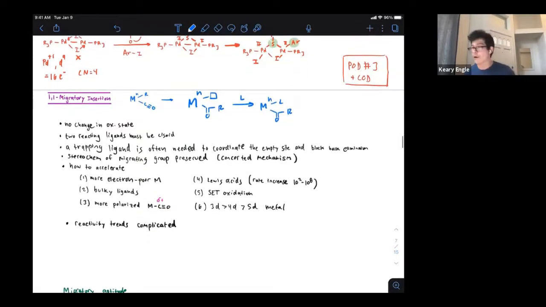In cases where the migrating group has a defined stereocenter, like a secondary alkyl group, that stereochemistry is retained. The statement I just made is generally true, though there are some exceptions when radical intermediates are involved, but in general, the stereochemistry is defined.